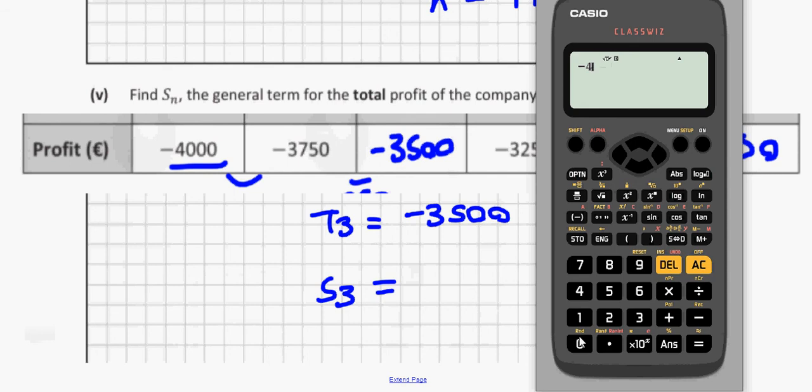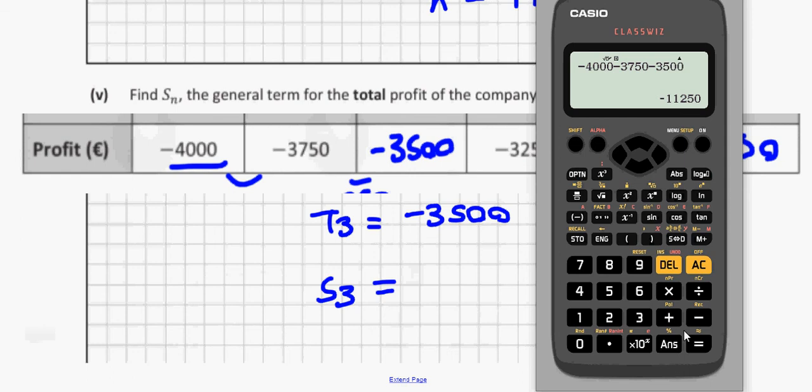By the end of 3 months, you've lost 11,250. Does everybody now get the difference between S3 and T3? Now, if I asked you how much you lost after 25 months, are you going to add up all 25 numbers together? No, we're going to use a generalized formula to do that for us.